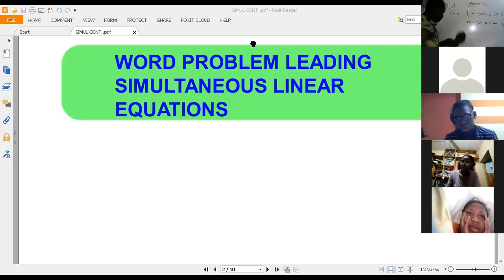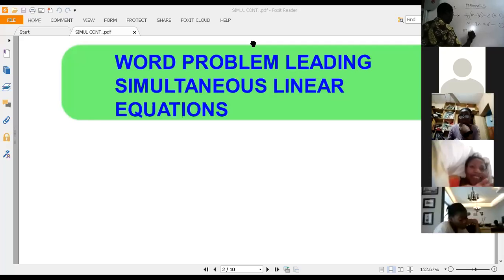Another equation given is m plus n over 4 equals 1/2. It's given in fraction as well. You find a way to linearize it. Comparing 4 and 2, the one with the highest value is 4.